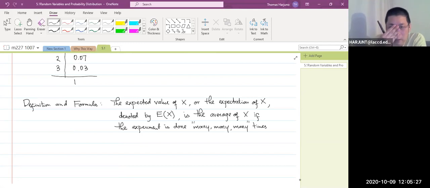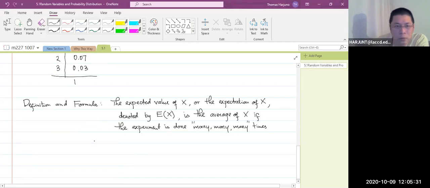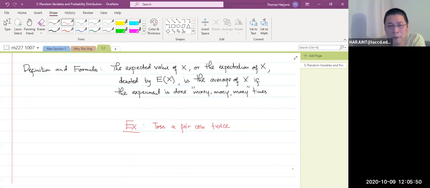Okay. Suppose, for example, just to explain what is expected value in terms of average. For example, remember tossing a fair coin twice, and I want to find the actual average.